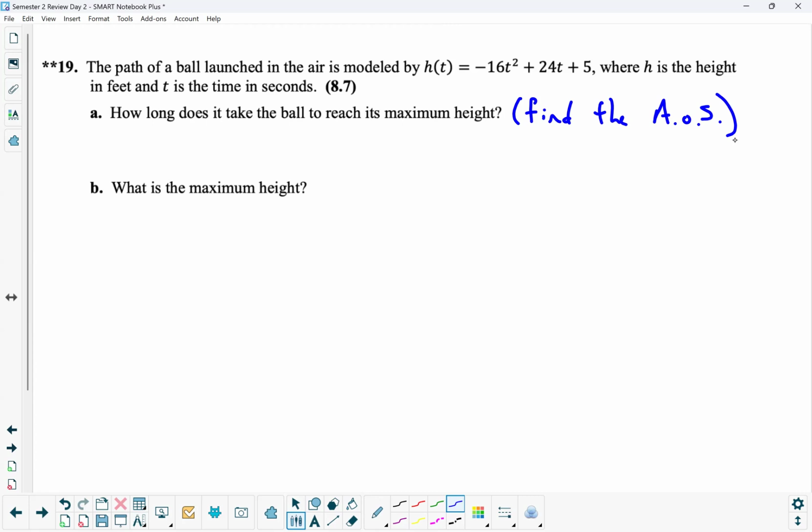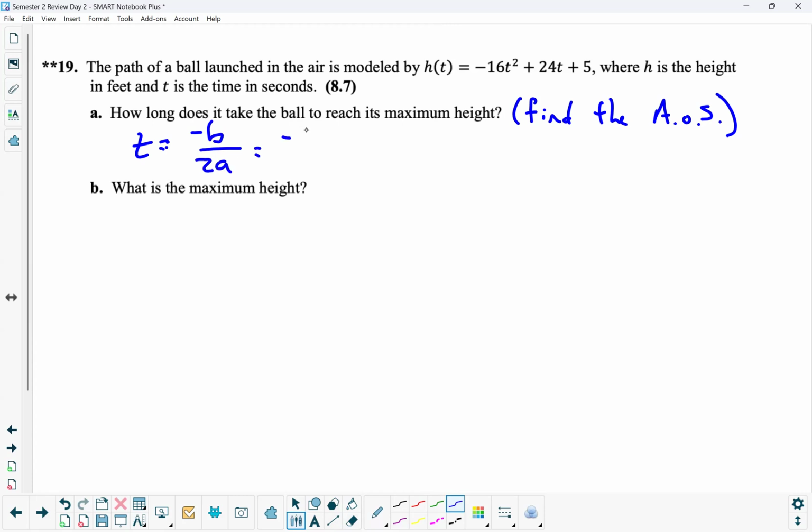So from our equation, normally for axis of symmetry, it's x equals. We're going to use t equals because t is our variable. Let's try this again. The opposite of b over 2 times a.